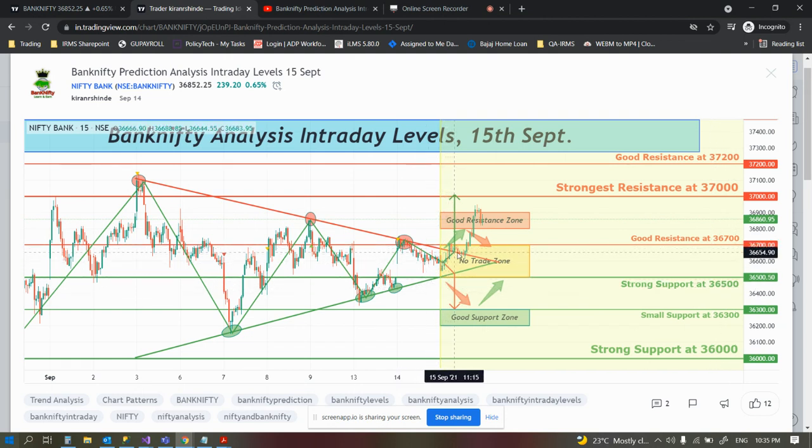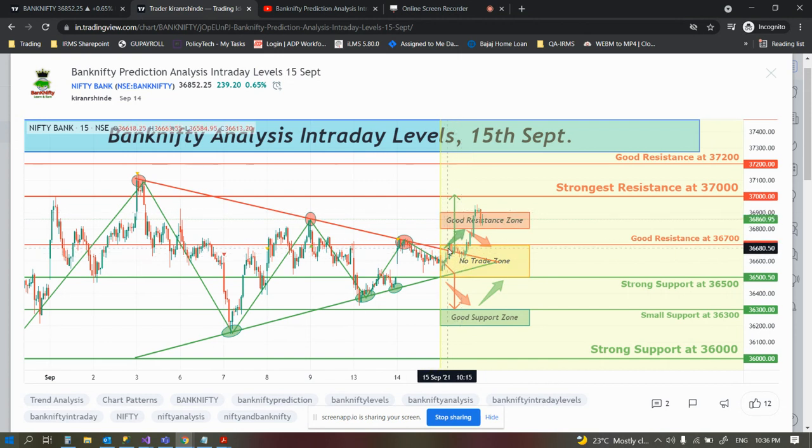It broke the resistance trend line and found resistance at 36,700. It retested the broken resistance line, which acted as a support, and bounced back, continuing its bullish momentum.